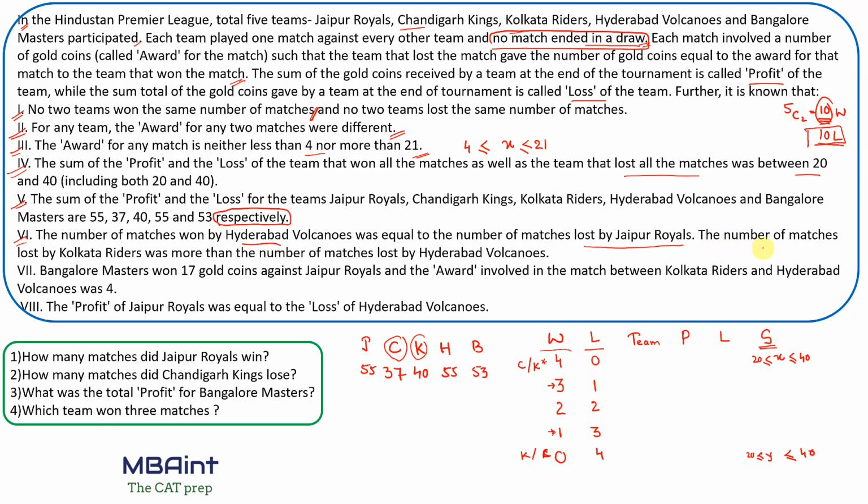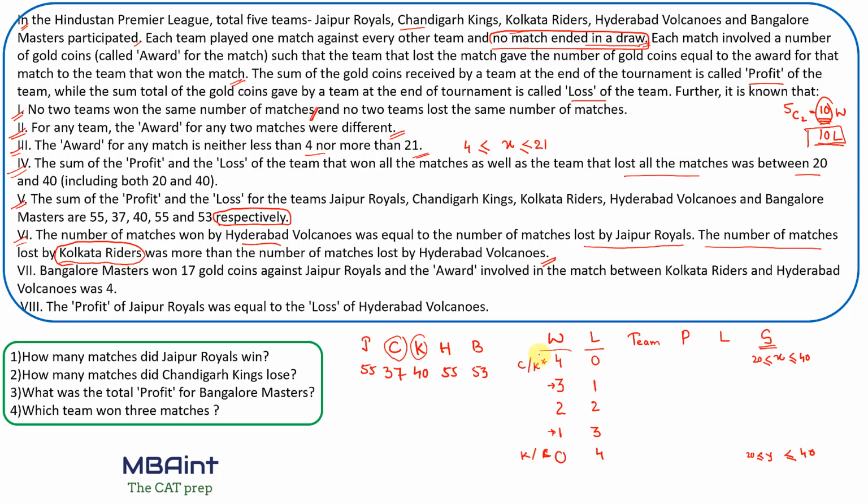Now further it is said that the number of matches lost by Kolkata Riders was more than the number of matches lost by Hyderabad Volcanoes. Okay, so this point gives that Kolkata Riders definitely loses matches, right?